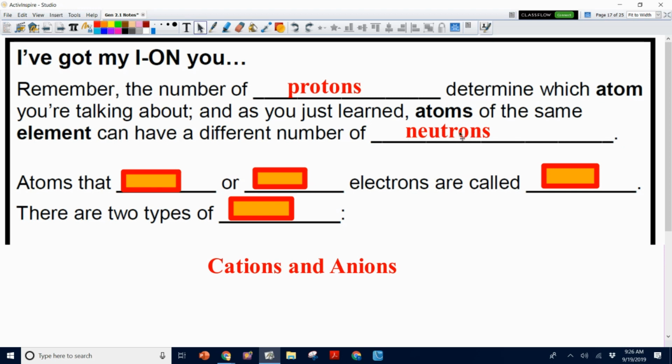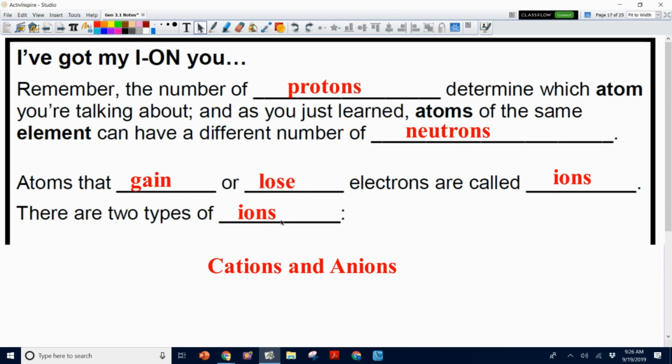We just talked about electrons. We're going to talk about the neutrons in a minute or in another time. All right, so we're just going to concentrate on changing the number of electrons now. Atoms that gain or lose electrons are called ions. And there are two types of ions. They're cations and anions.